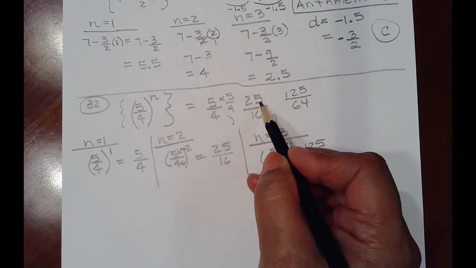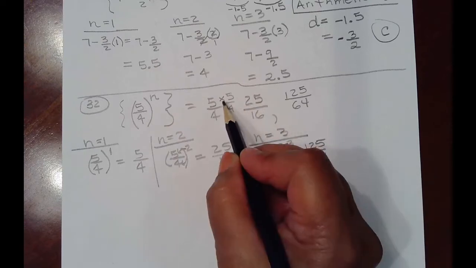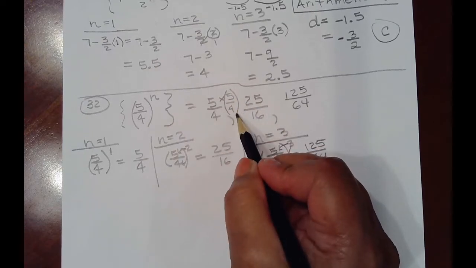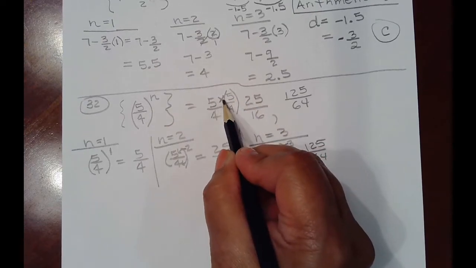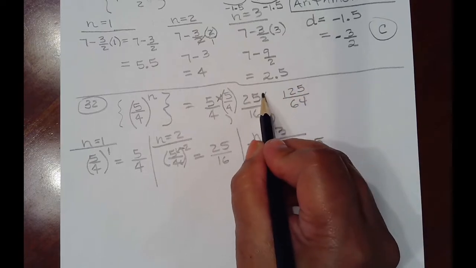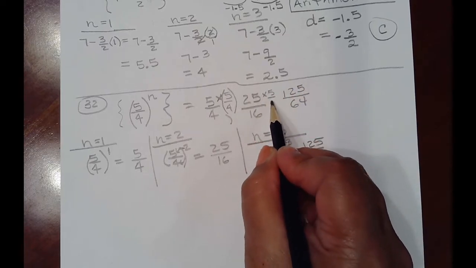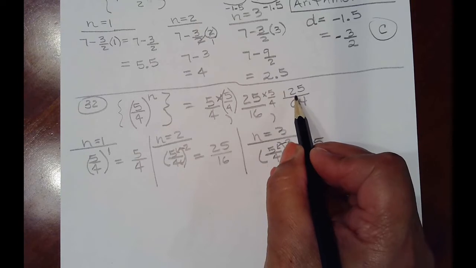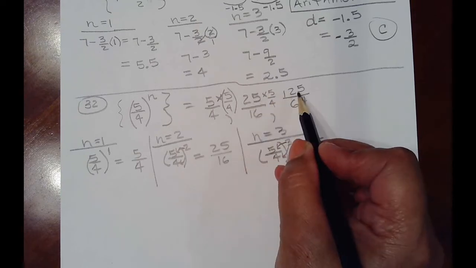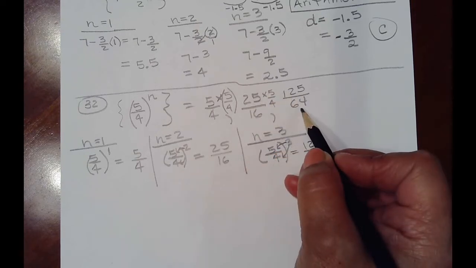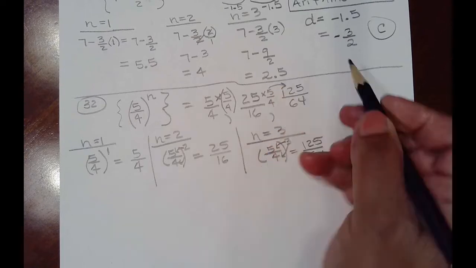So this times this would be 25, this times this would be the 16. So this would be the common ratio, but you need to check to see if it works for the next one. If I multiply this by 5/4, it would give me 125. 25 times 5 is 125, and 16 times 4 is 64. So it works here as well.